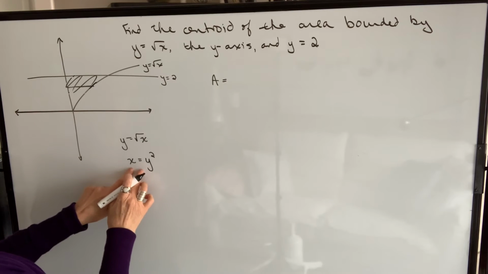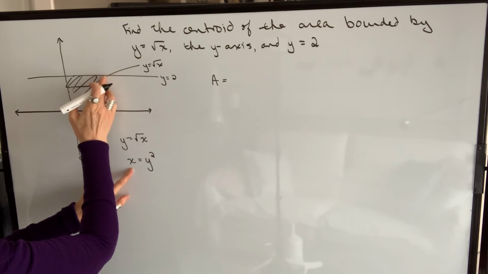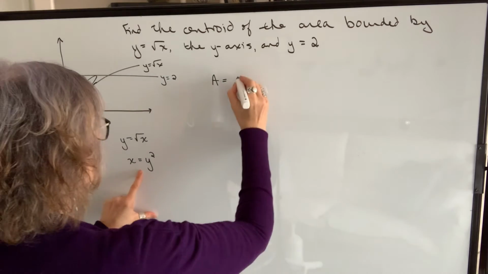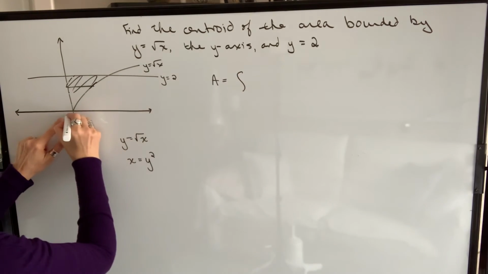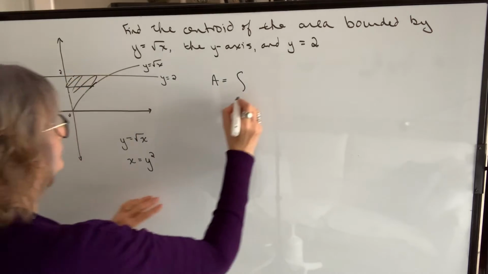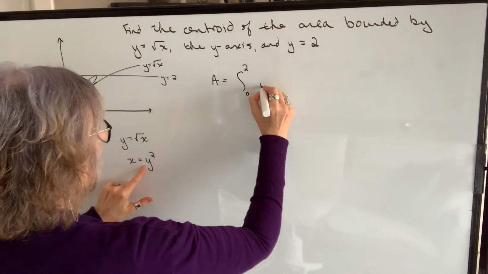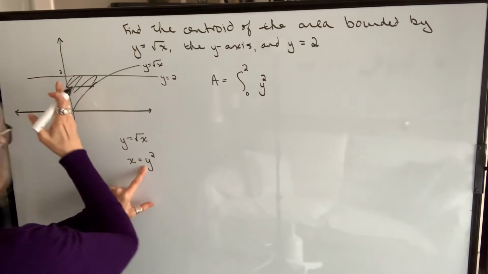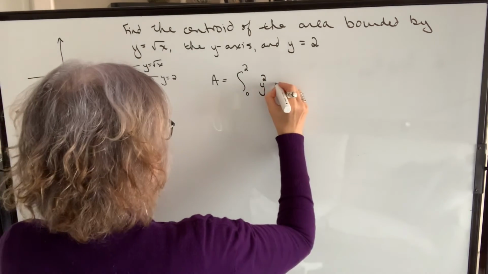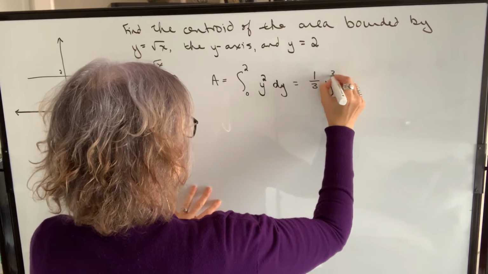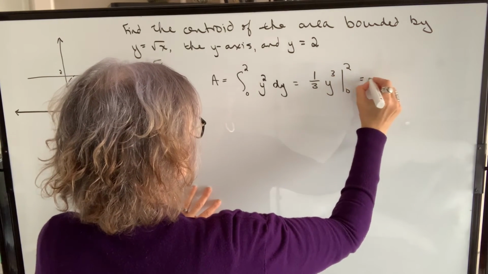So that's my function, my f of y, and g of y will be 0. So the area is going to be the integral from 0 to 2 of f of y, which is y squared, minus g of y, which is 0, dy. So that's going to be 1/3 y cubed, which will be 8/3.